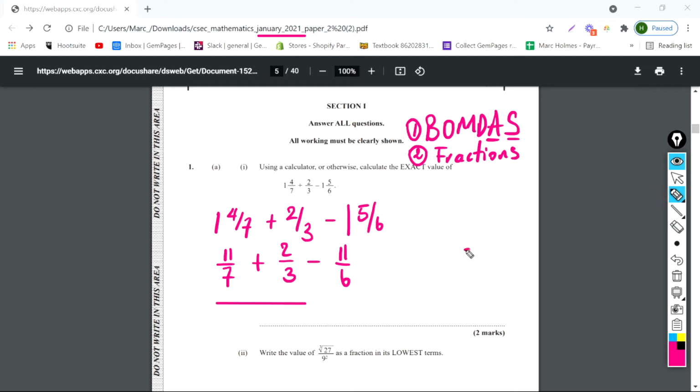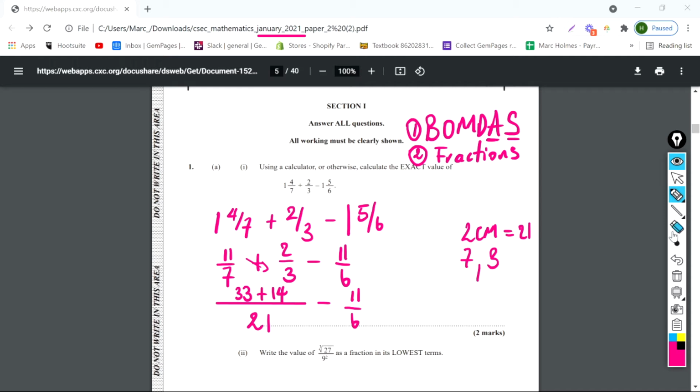What's the LCM between 7 and 3? The LCM between 7 and 3 is 21, right? So I'm going to put a 21 here. 11 times 3 should give me 33. I can cross multiply in this case, and 7 times 2 should give me 14. So it should be 33 plus 14 over 21 minus 11 over 6.